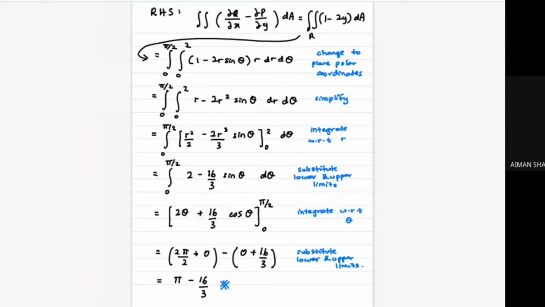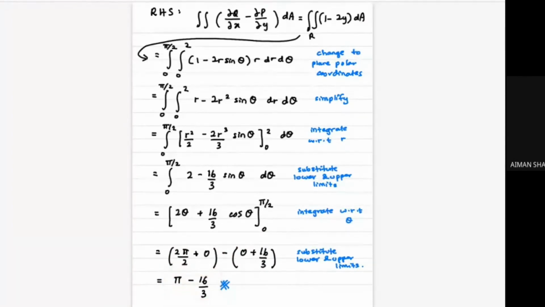And then integrate this with respect to theta. Integrate 2, you get 2 theta. 16 over 3 sin theta, you get 16 over 3 cos theta. Then you need to substitute your lower and upper limit, then simplify. So this is your answer for the right hand side, your surface integral.